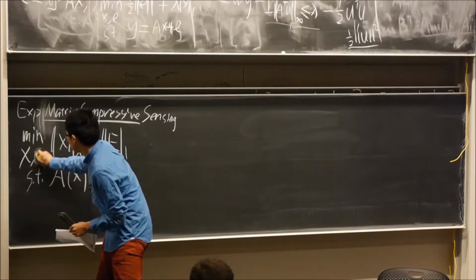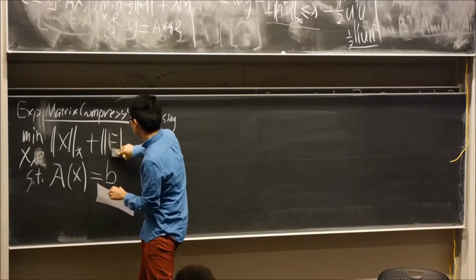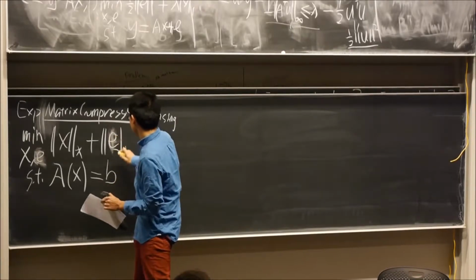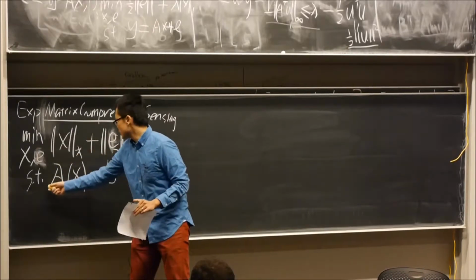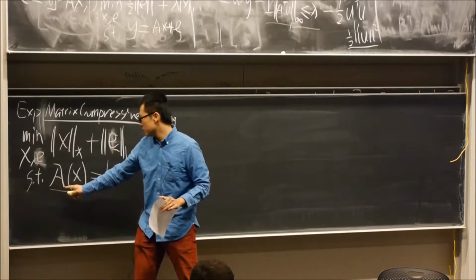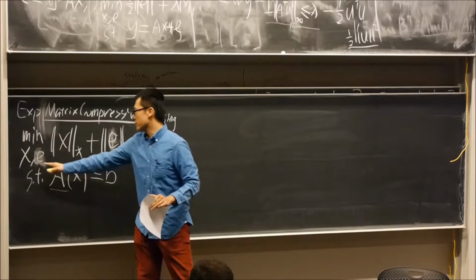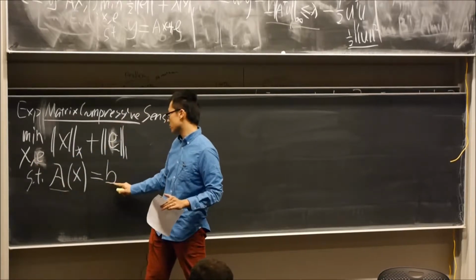This E is a vector, so this is a vector one norm. So this is a sensing operator that has an input matrix X, and it has an output B.